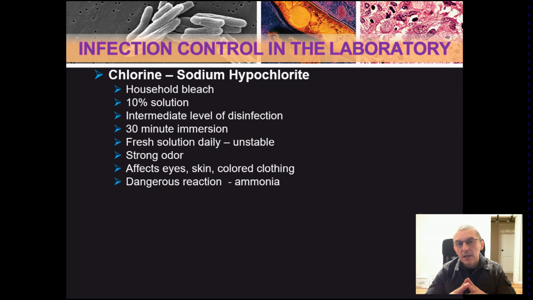However, it has a very strong odor, so laboratories and clinics have been staying away from this for quite a while because of that odor, and it does affect the eyes and skin. It discolors clothing. You know what happens when you spill Clorox on your clothes. It kind of bleaches out the color, so you basically ruin your clothes.